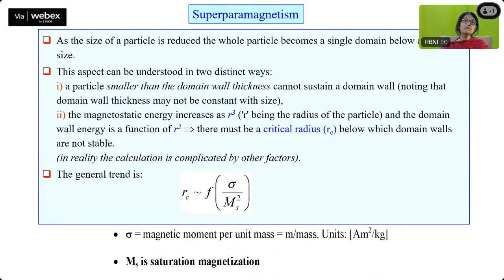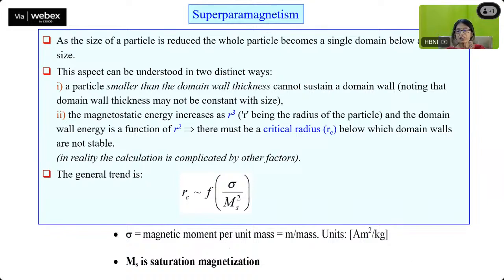Now another very important concept when you come to nano is superparamagnetism. As the size of the particle is reduced, the whole particle becomes a single domain below a critical size. A particle which is smaller than the domain wall thickness cannot sustain a domain wall. The magnetostatic energy increases as r cubed, where r is the radius of the particle, whereas the domain wall energy is a function of r squared.